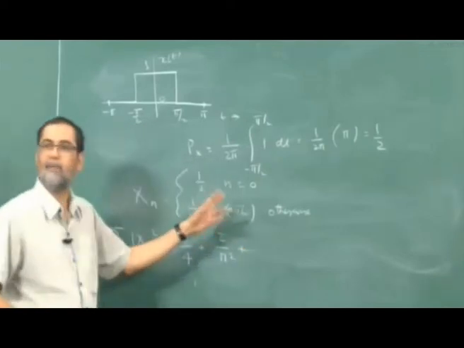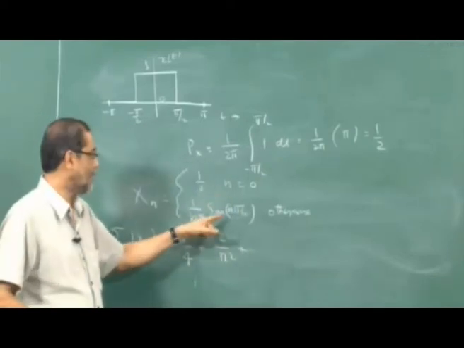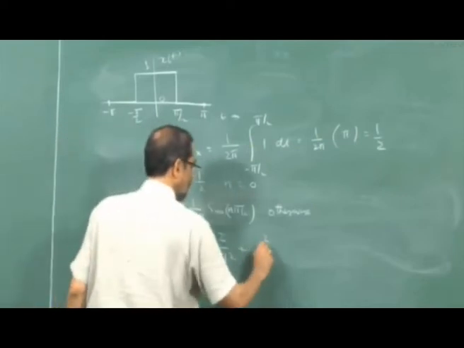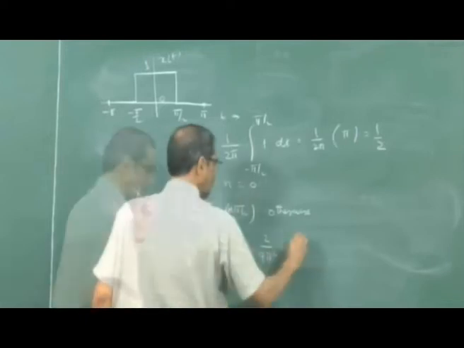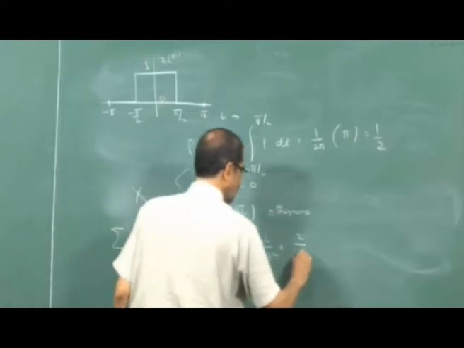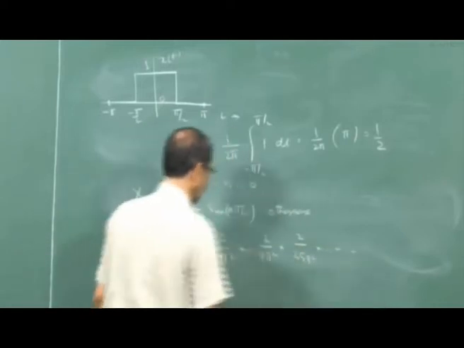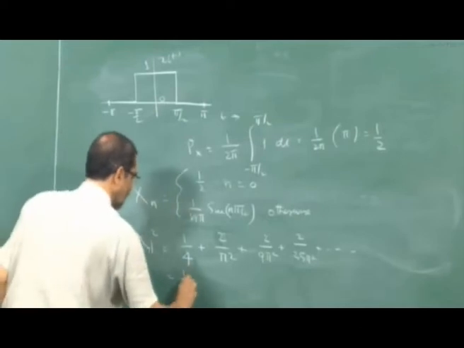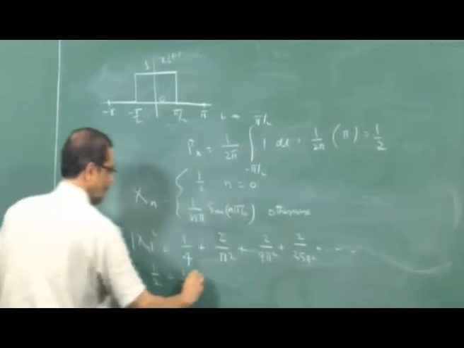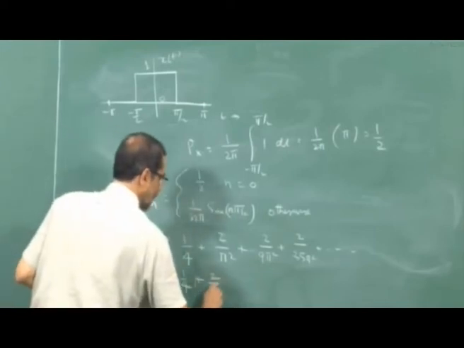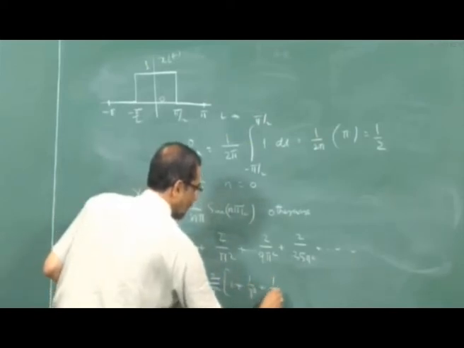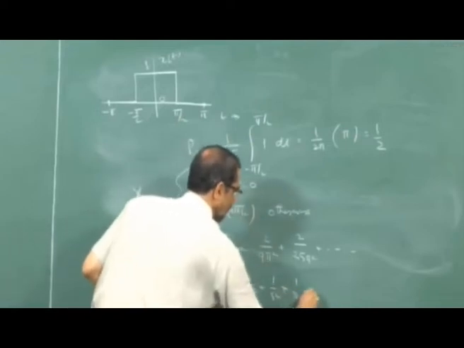N equal to 2 will be 0, n equal to 3 will be minus 1 by 3 pi, so it is 2 by 9 pi square. Similarly, this is 3 square, this is 5 square, and so on. So if you now take out 1 by 4, and you know that the power is equal to half, so 2 by pi square times 1 plus 1 by 3 square, 1 by 5 square, 1 by 7 square, and so on.